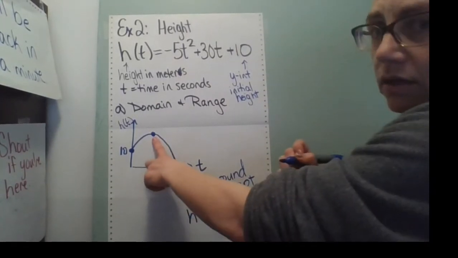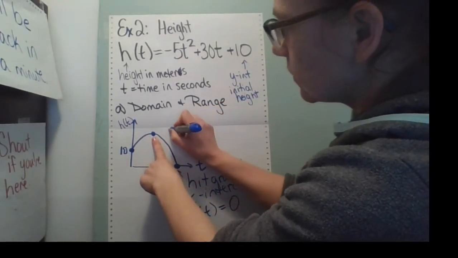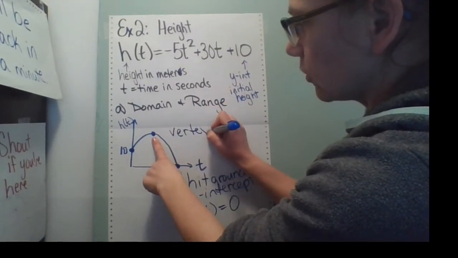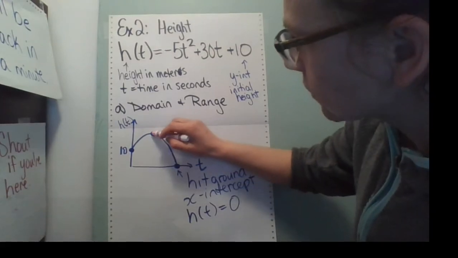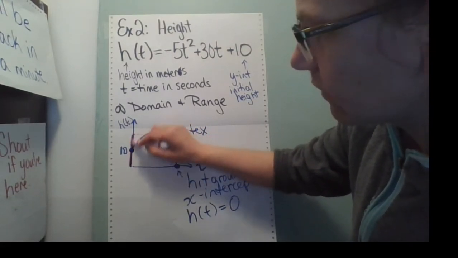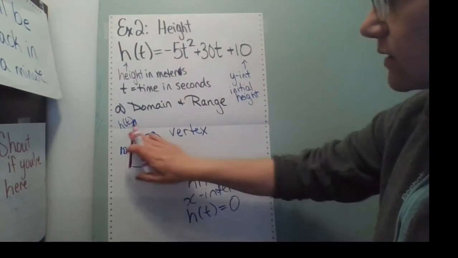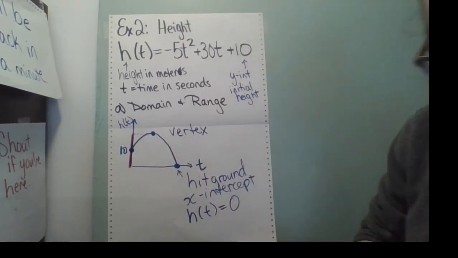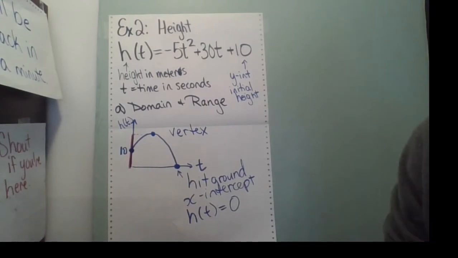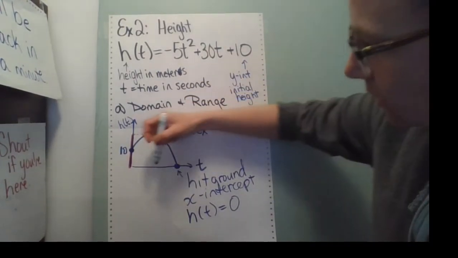Okay. We are going to reach a max height. So that's going to happen at our vertex. And that's going to make a difference with our range. So let's remember range is all of our y values. So that's going to be defined by our max height. Okay. And our domain, remember, is all of our x values.